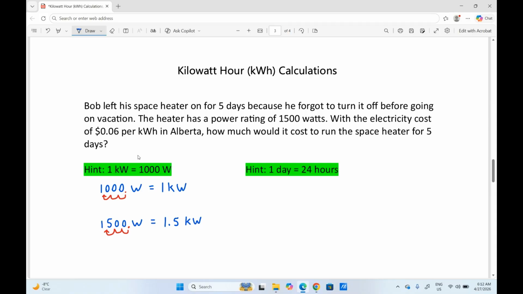I usually like to find kilowatt hours in this context for 1 day and then multiply to get to 5 days. So for 1 day, I have 24 hours in 1 day.